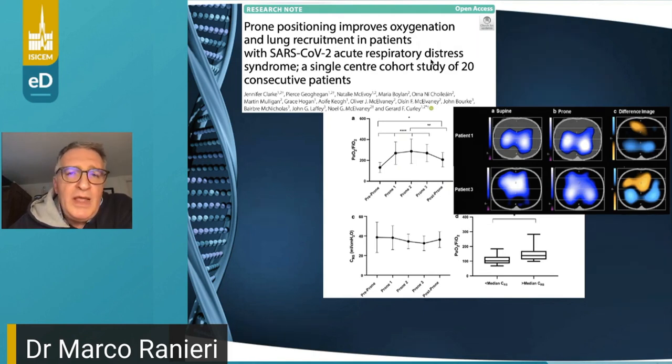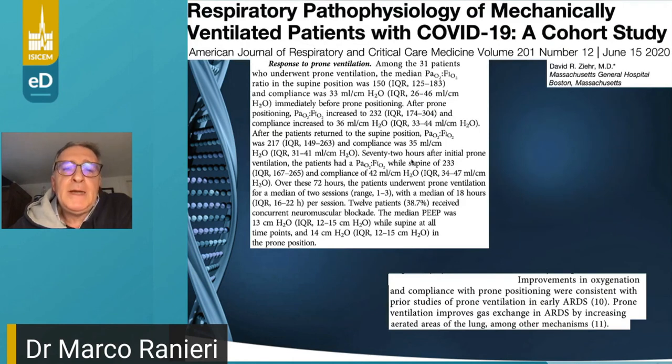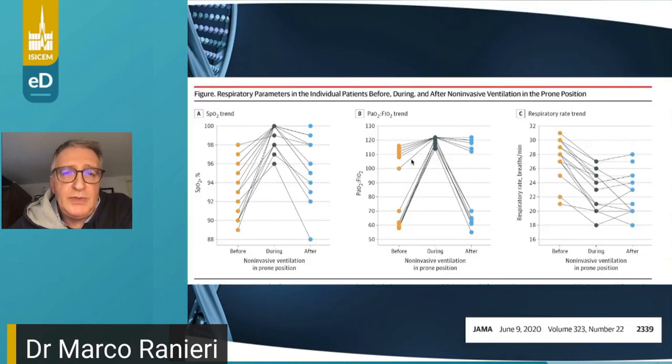And in a way, given the impact, was a sort of alternative to ECMO. This is one of the several series where we see how effective prone positioning was in patients with ARDS. It's interesting to see that there was a responder versus non-responder trend distribution in patients with COVID-19 induced ARDS.